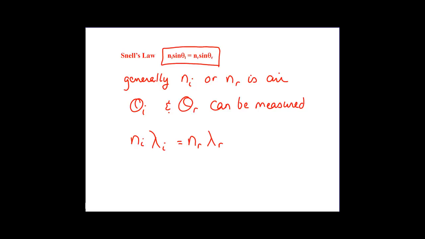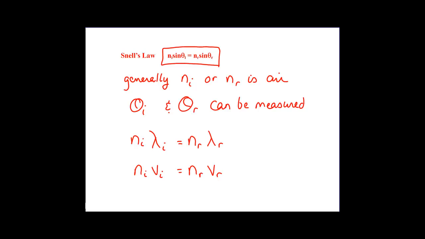We can also write it in terms of the speed of light, so the index of refraction of light in my incident medium times the speed of light in my incident medium equals the index of refraction in my refracting medium times the speed of light in my refracting medium. We'll be using these equations in working through problems in worksheet 2.